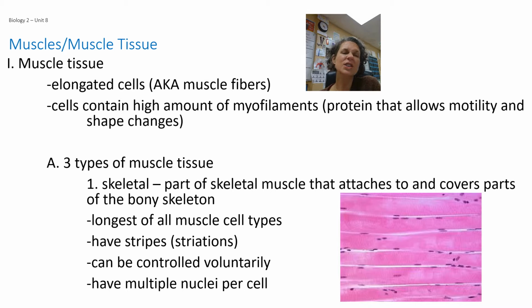So essentially we're talking about muscle tissue, and muscle cells in particular, because remember that cells make up tissues, and so the cells in the muscle tissues that we're going to talk about are more like muscle fibers. They are long, they are elastic in a lot of ways.